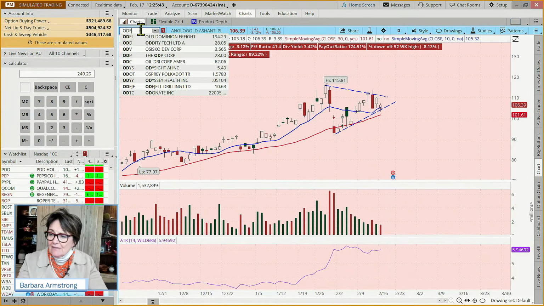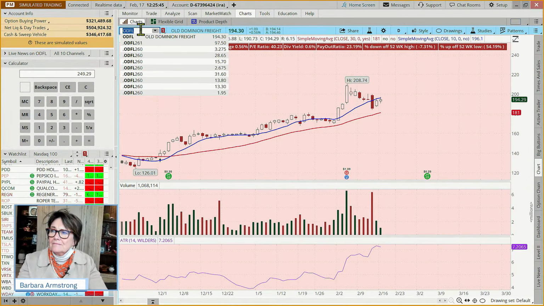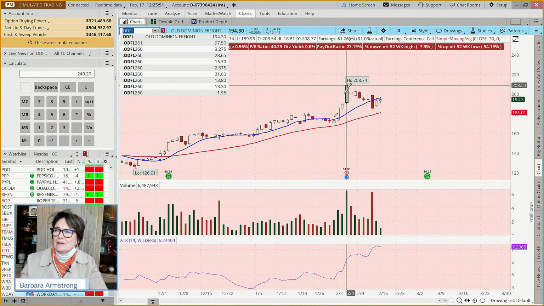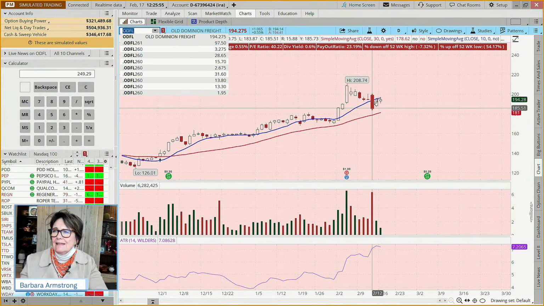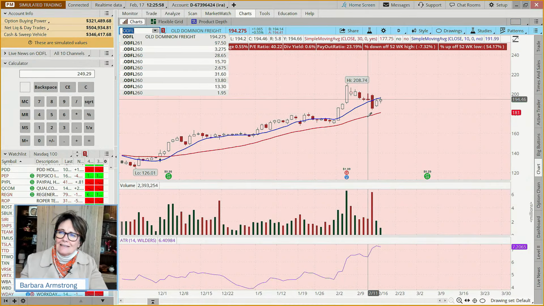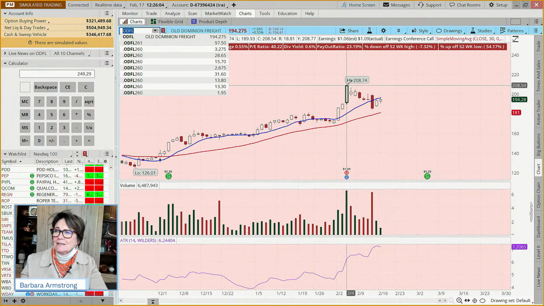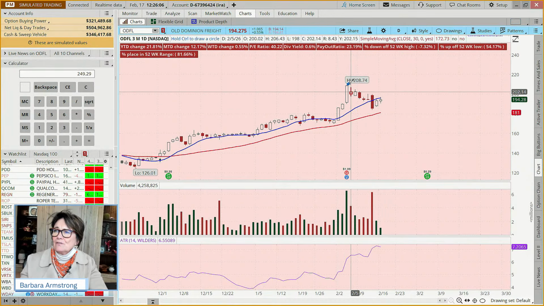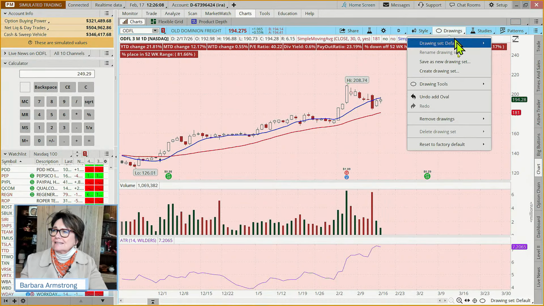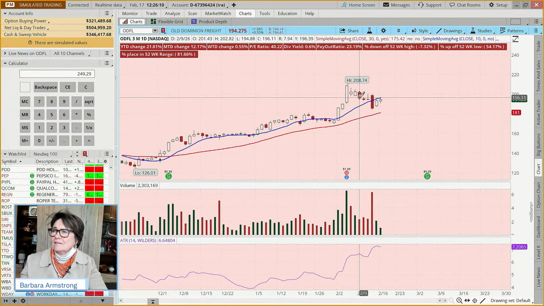How about ODFL? You might say, well, this looks lovely. I see this as a bit of a bull flag, but when the flagpole takes less time to create than the flag, it's maybe not an ideal flag. But it hasn't even come back to the 30-day moving average, it's kind of been just perfectly marching down this little hill here.